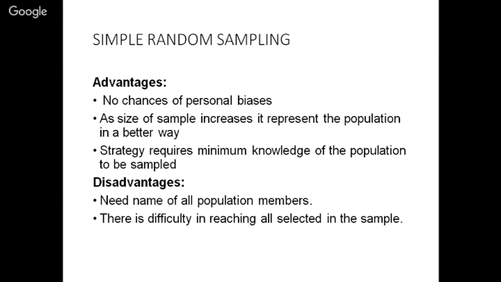But the problem with this technique is that I need to label each and every member of the population into a list, and there may be difficulty in reaching all the selected samples. If the population is scattered geographically, in that case the simple random technique is not an efficient method for the researcher.